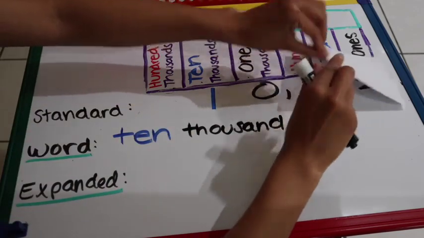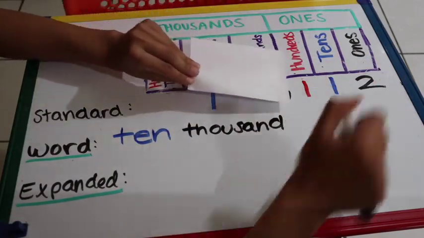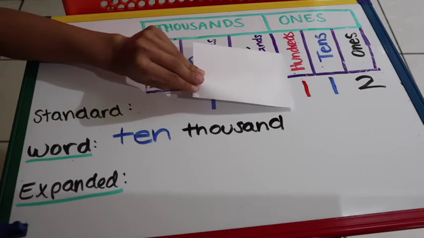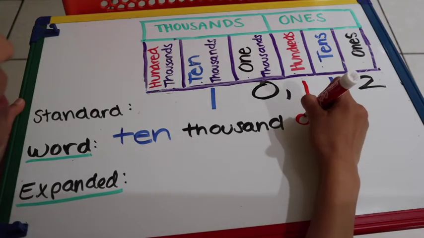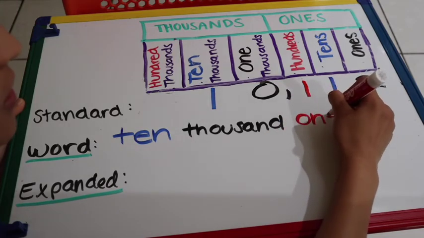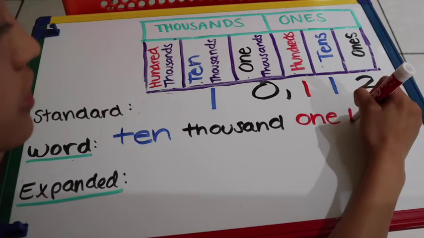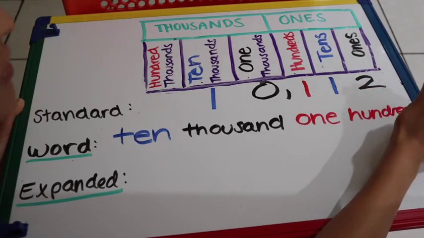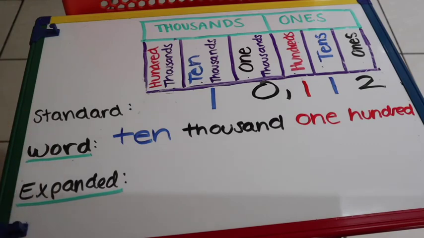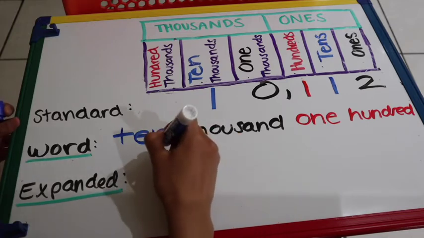I'm going to lift this paper, and now I'm left with 112. 100. Then right over here, just gonna write 12.